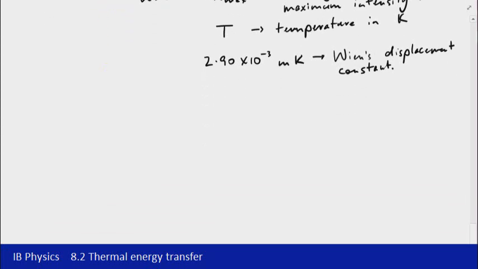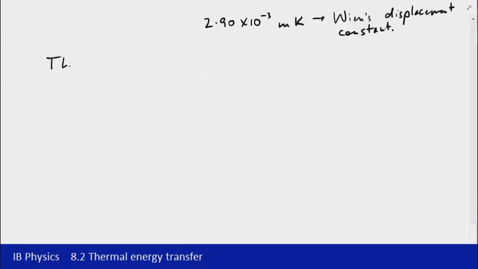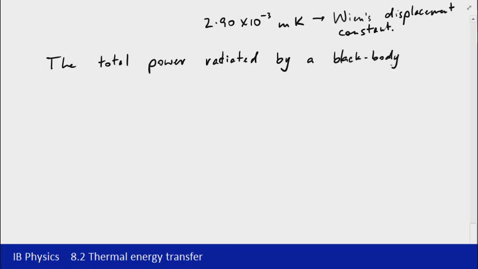We can also look at the total power radiated by a black body, and that's given by a different law. So this is now identifying that for the intensity over different wavelengths, we could sum the intensities over those wavelengths to identify what the total power is, and that's going to be given by the Stefan-Boltzmann law.